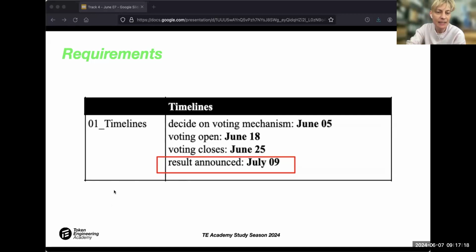And there was some other note that I'm not sure if everybody realized. This was in the requirements as well: it's not only that we make this big announcement on July 9th, we don't want to reveal the voting results earlier, right? So the results should not be visible during the voting and only be visible when the voting is over.